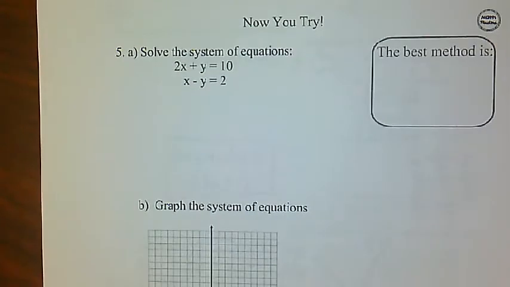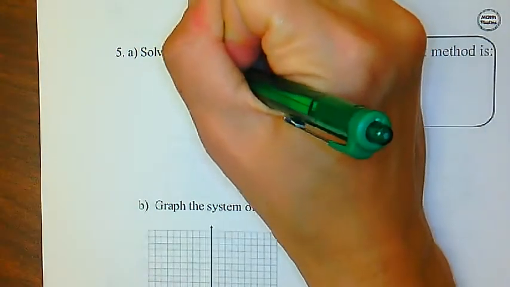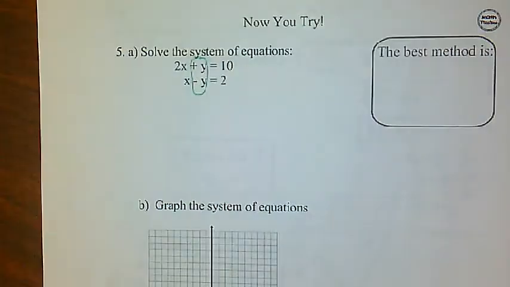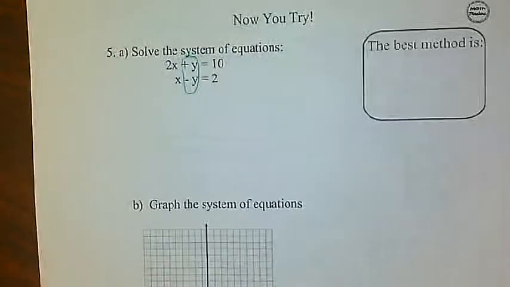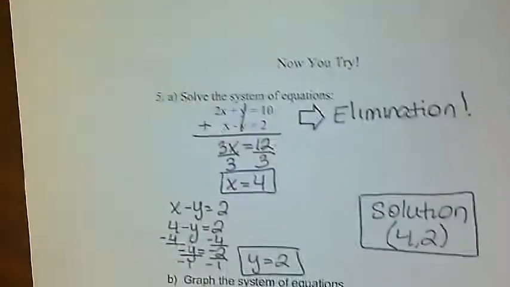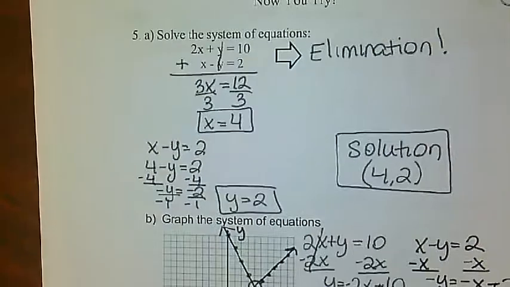So now you should be able to figure out what would be the best method for this. Again, just like question number 1, I see two opposites. So elimination again is the best way.